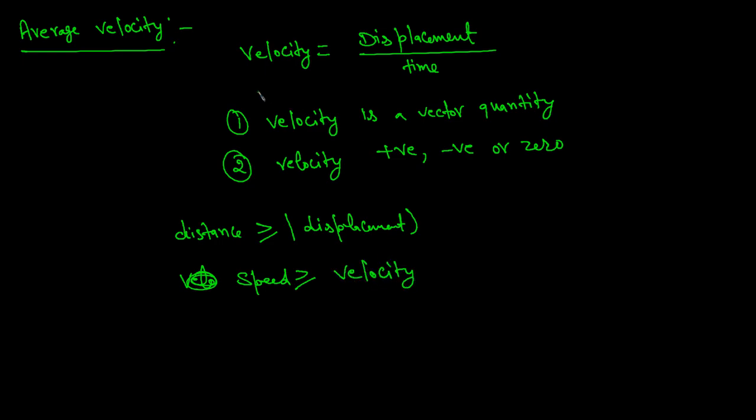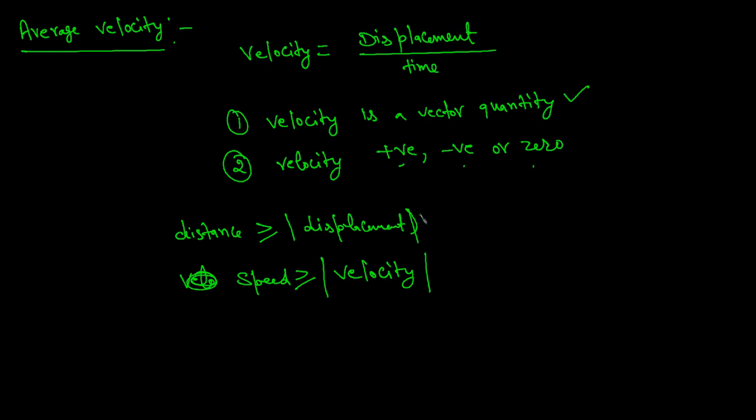The big difference is, speed is a scalar, velocity is a vector. Speed is always positive, but velocity can be positive, negative, or zero, because it depends on displacement, which can be positive, negative, or zero. And distance is greater than or equal to the magnitude of displacement, and speed is greater than or equal to the magnitude of the velocity.